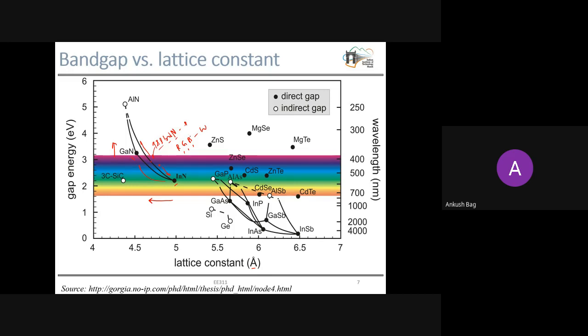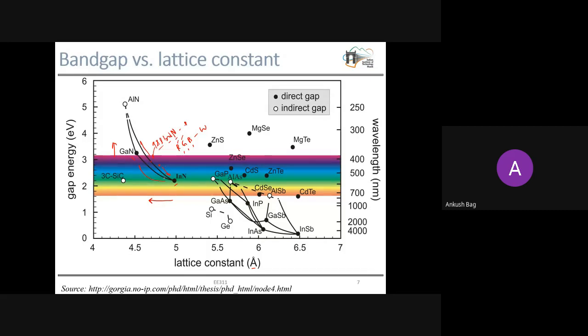This invention was made around 1990 or 1985 by three Japanese scientists, Akasaki, Nakamura, and Amano. These two color LEDs, red LED and green LED, were already there, and these LEDs were made of essentially this material.